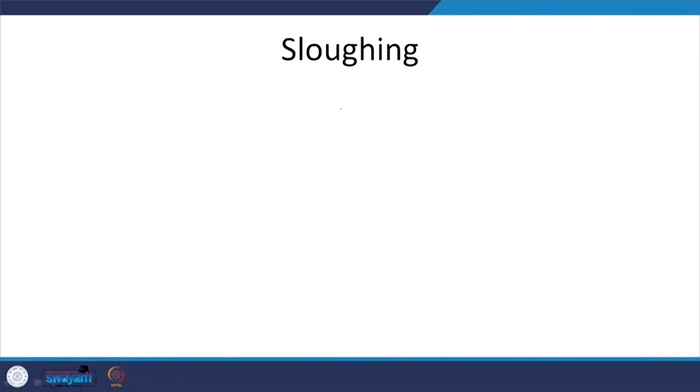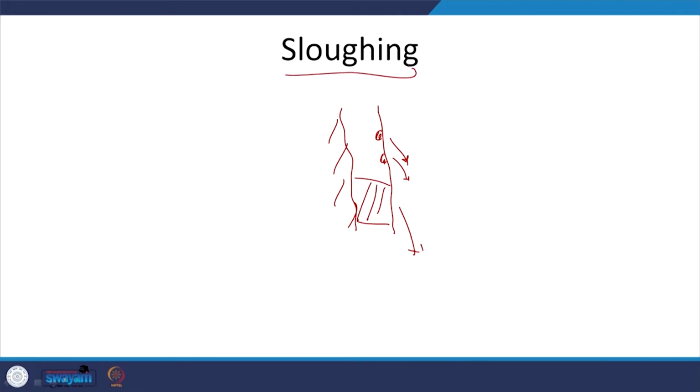That is called sloughing. Just a picture: if this is the media and this is my biofilm, erosion sometimes looks like small particles being eroded for various reasons. But sometimes whole sections will fall off. This is sloughing, right.